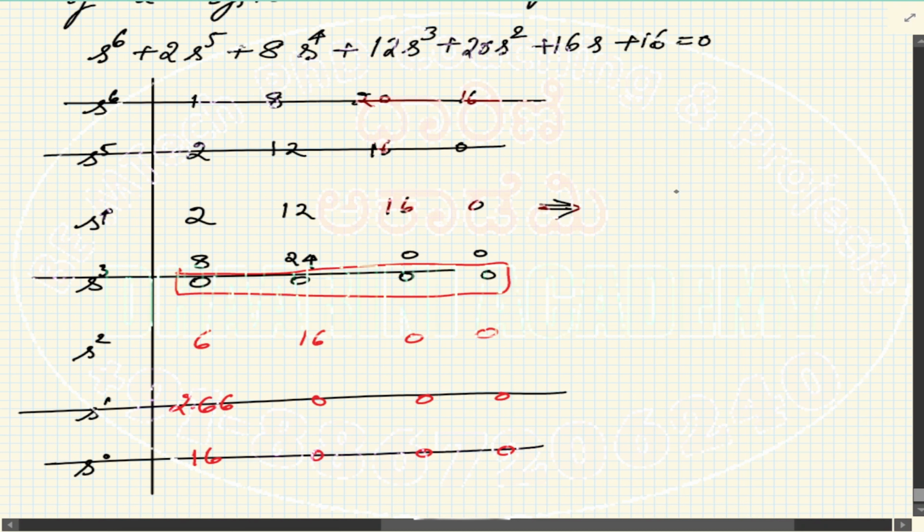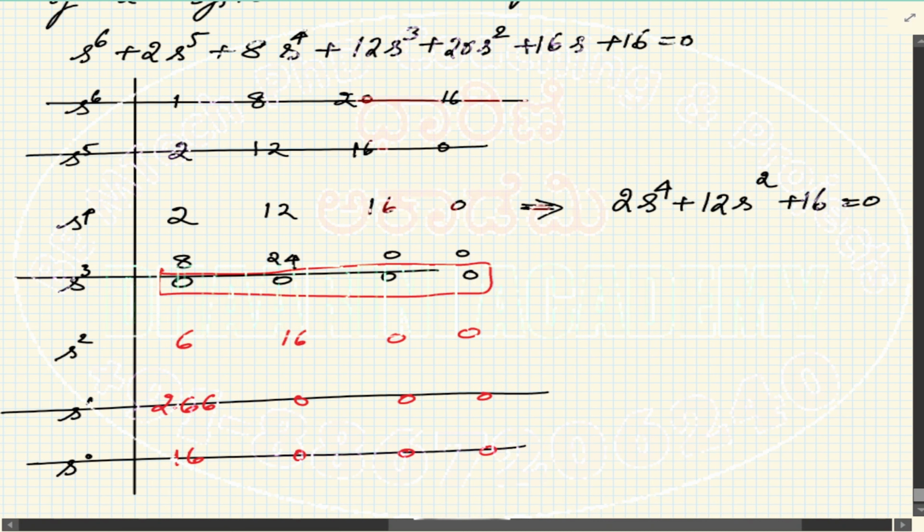So you write an equation corresponding to that. This is 2 into s to the 4 plus 12 s square plus 16 being equal to 0. Let me know once you are done till here, then we'll proceed.